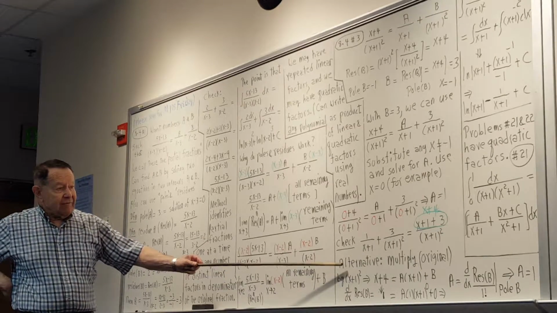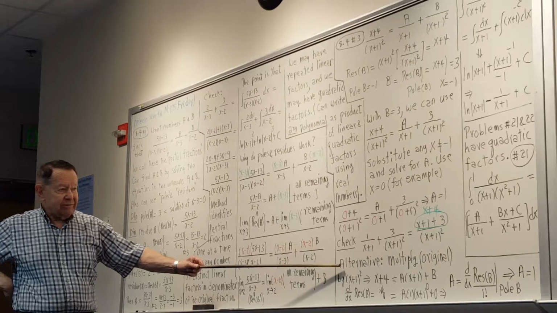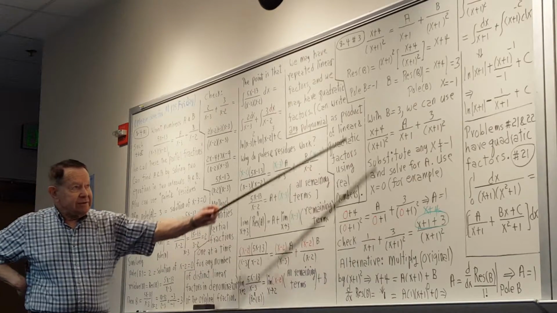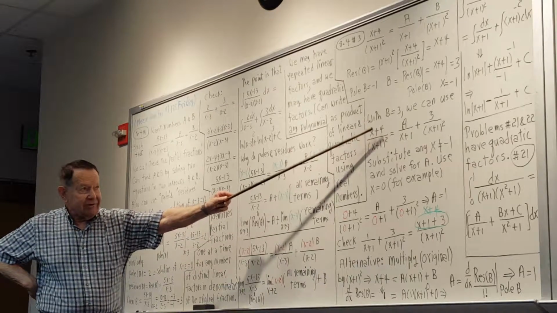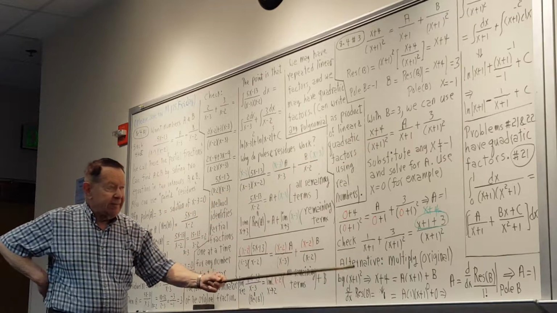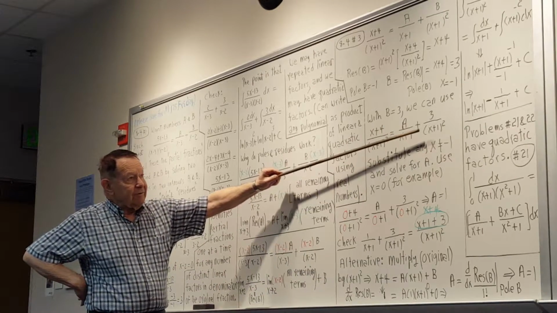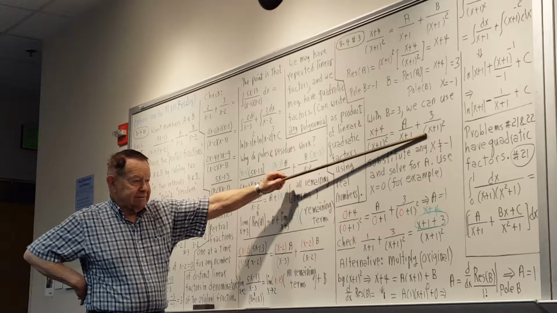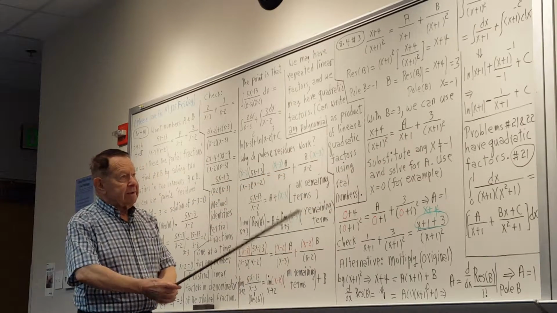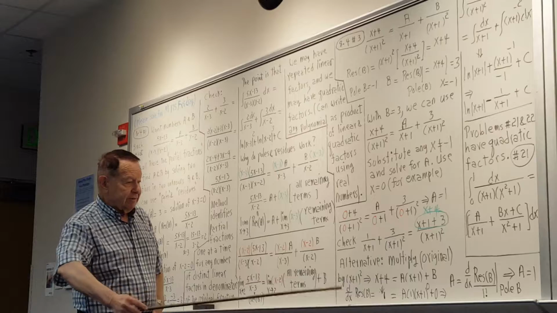Now, if you want to do it all by poles and residues, you'd start out the way we did, where we found that b is 3. So then if you were looking at this line, you could do this.